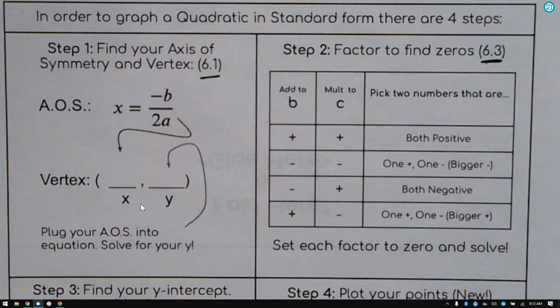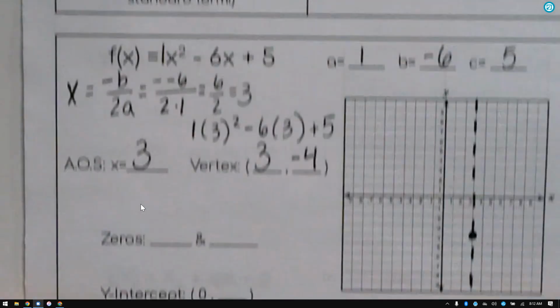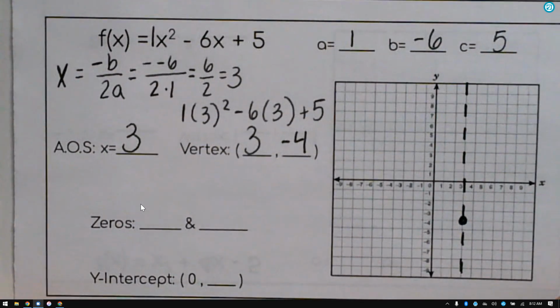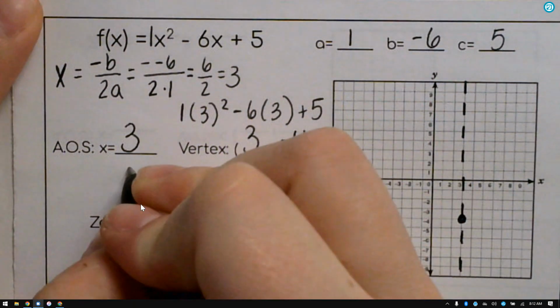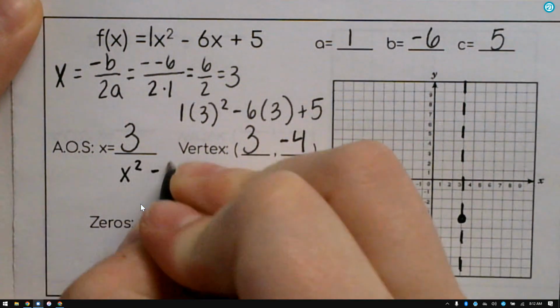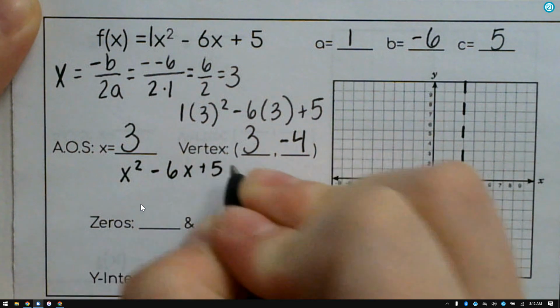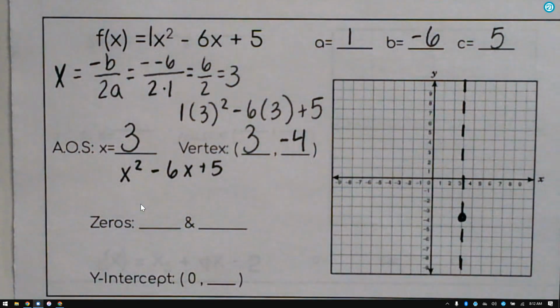So coming down to my problem down here, I've got x squared minus 6x plus 5. I'm going to actually rewrite it right here. We need to find two numbers that multiply together to be 5, add together to be negative 6.